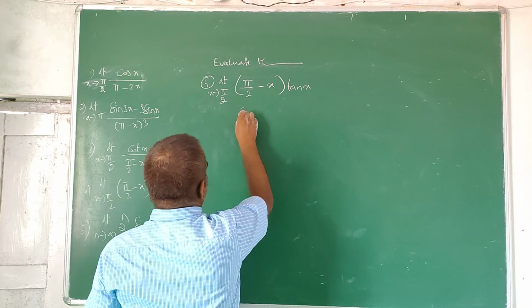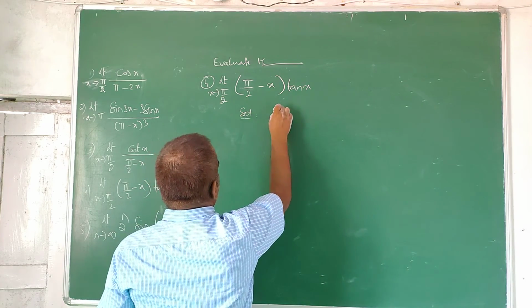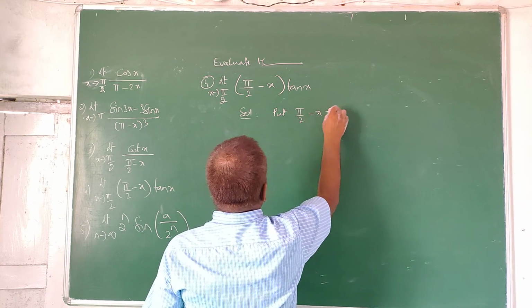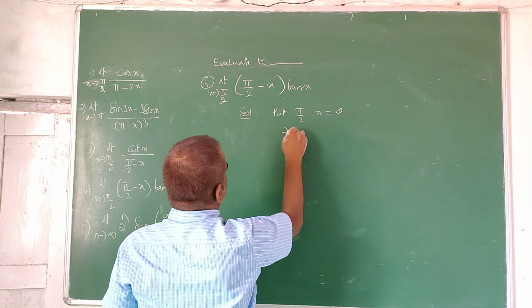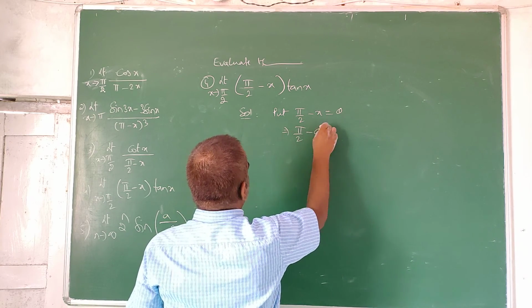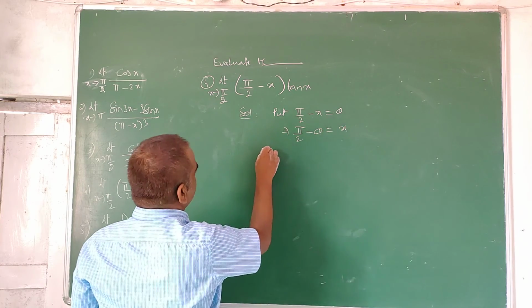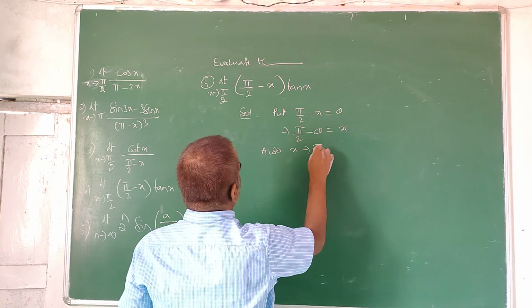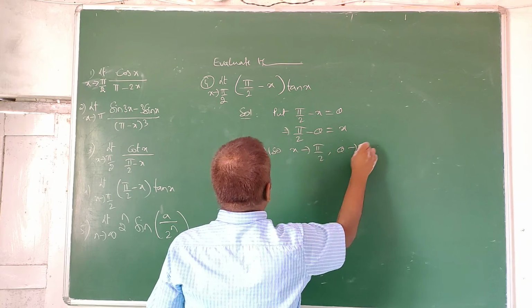As the solution, put pi by 2 minus x equal to theta. This implies pi by 2 minus theta equal to x. Also, as x tends to pi by 2, theta tends to 0.